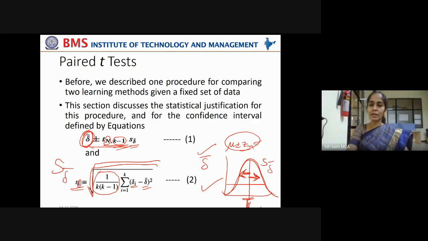Now we are trying to find out the standard deviation S delta bar. Instead of sigma, we are using S here, so that you will not get confused between this paired t-test and other tests. So S delta bar is the deviation from the mean value with respect to the error that is encountered across all the partitions, across iterations.